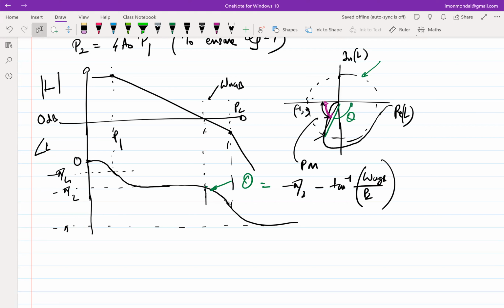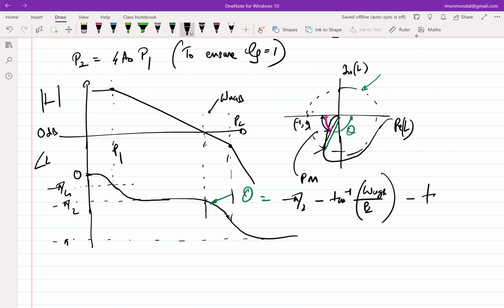Because if you have to be strict, you can say that I can add minus tan inverse omega UGB by P1. So this will go to minus pi by 2, because omega UGB is much greater than P2. Tan inverse infinity, or need not be infinity, even tan inverse 20 is pretty close to minus pi by 2.